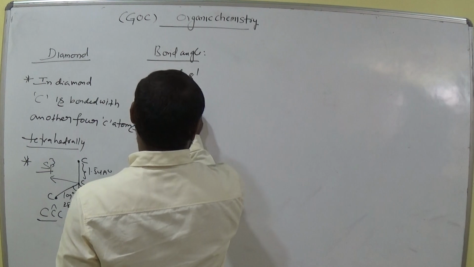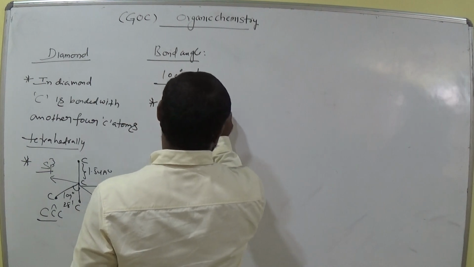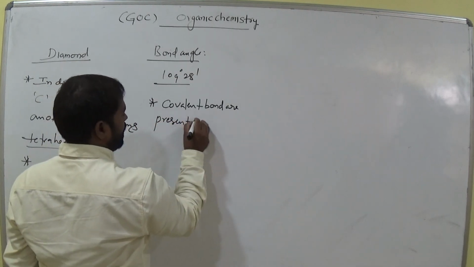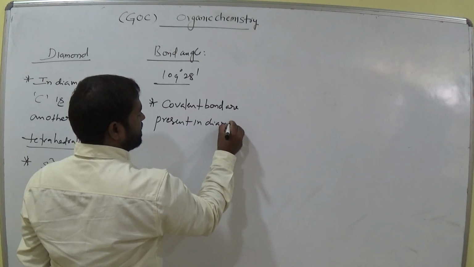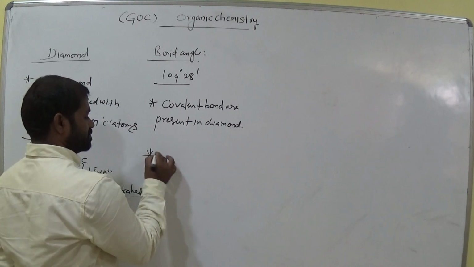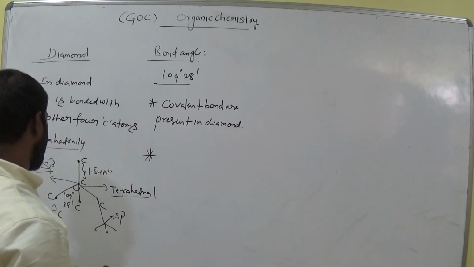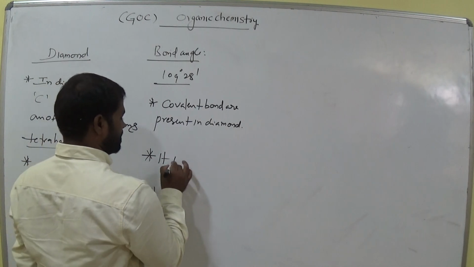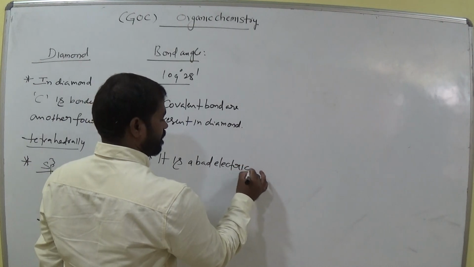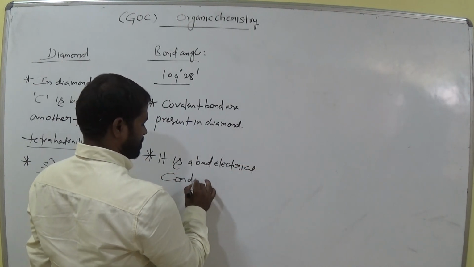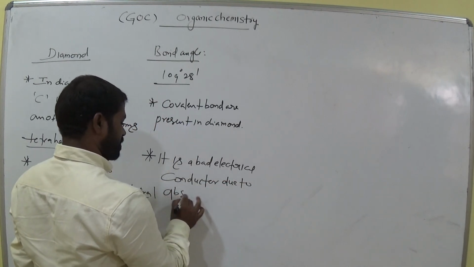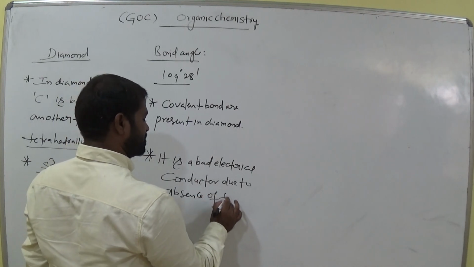So covalent bonds are present in diamond. Diamond has strong covalent bonds. Remember this. And it is a bad electrical conductor due to absence of free electrons.